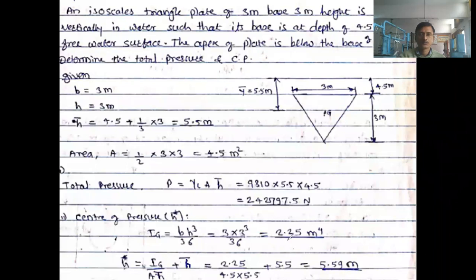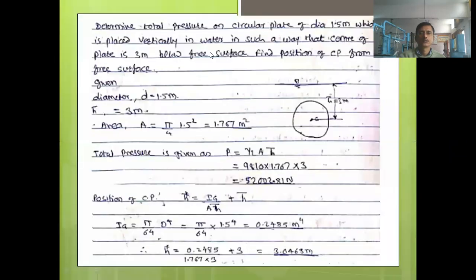5.59, and this is the pressure. Okay, now let us move ahead. Now another diagram here, another surface, a circular surface. Write down the problem.